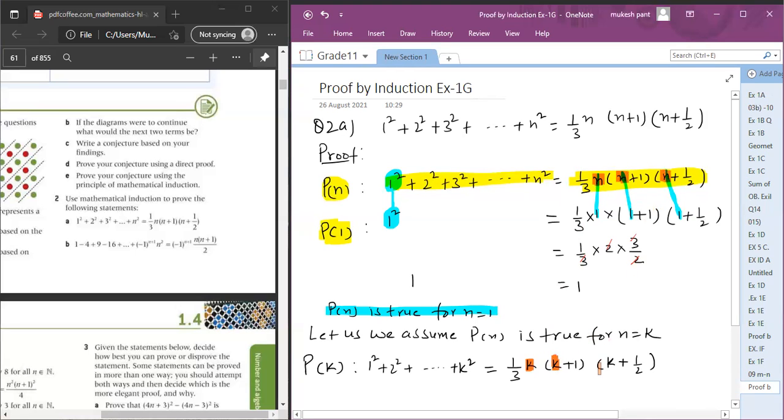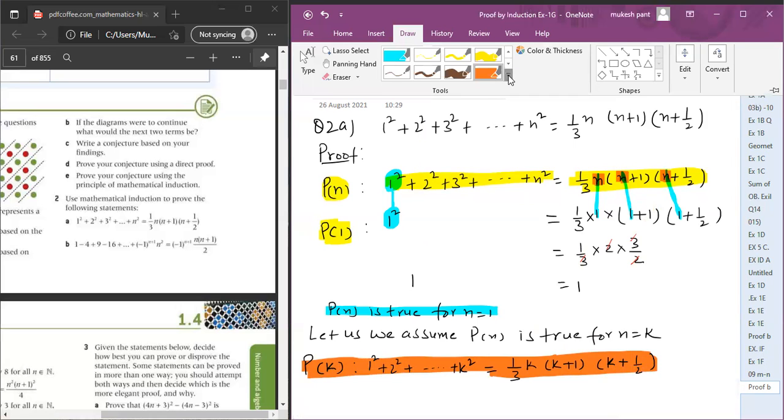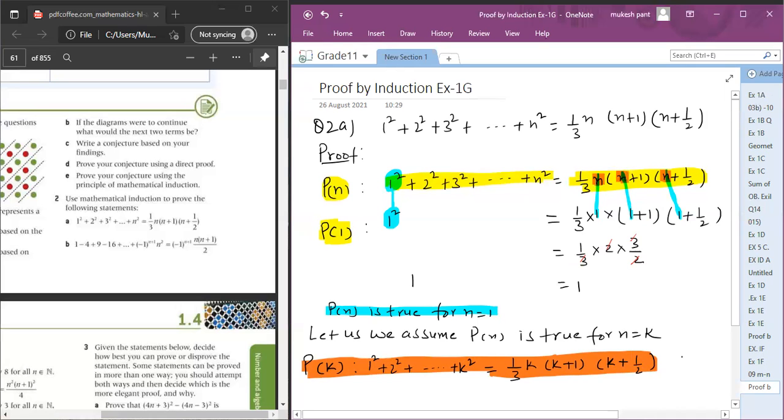This is n, this is k. This way I get this result. Yes. Okay, so this is a very important result. We will use this result to prove another statement. So this is question one. Okay, I will go down.